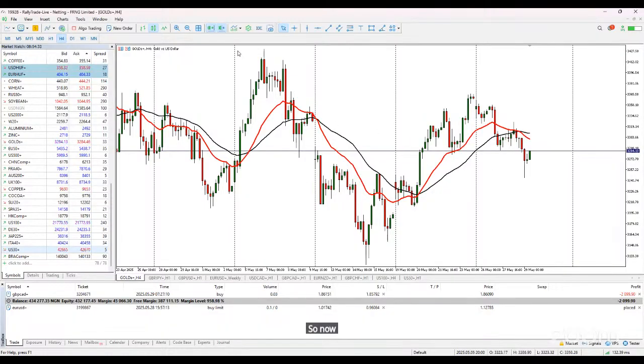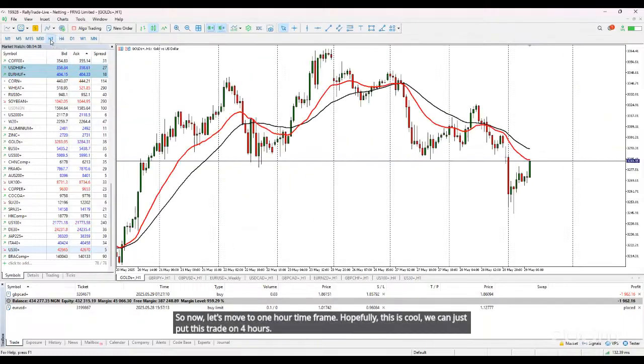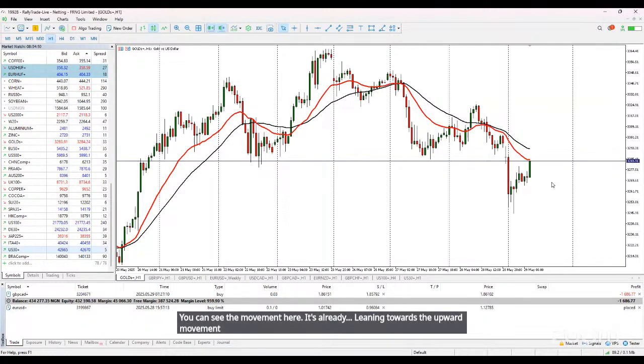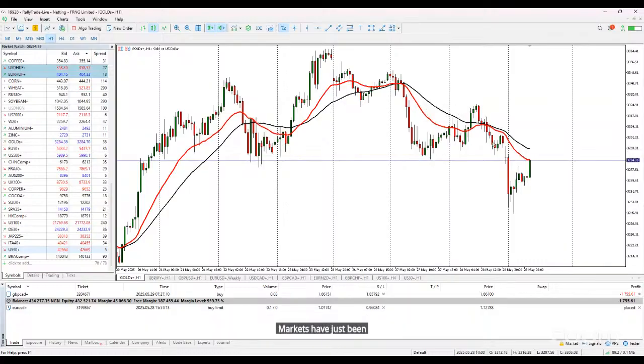So now let's move to 1 hour time frame. For this, it is gold. We can just place trade on 4 hours and allow it to move. You can see the movement here is already leaning towards the upward movement. Don't forget, for the past few days, markets have just been coming down. That means they have been coming bearish.